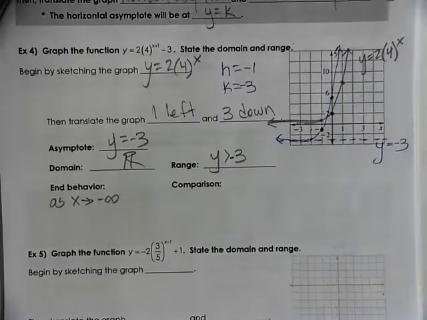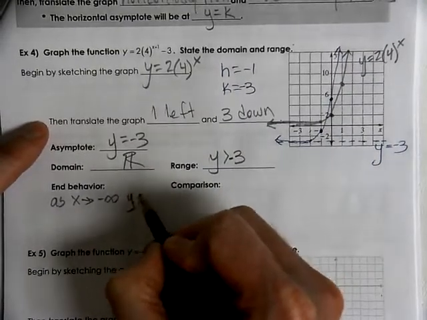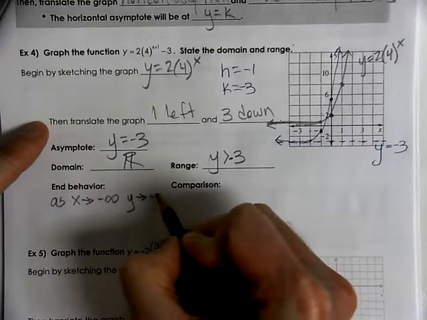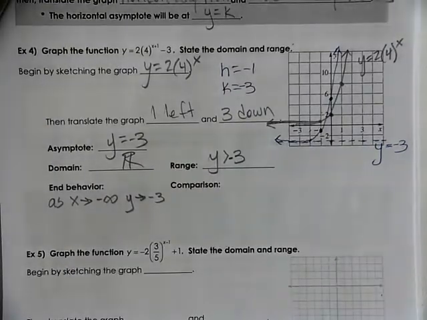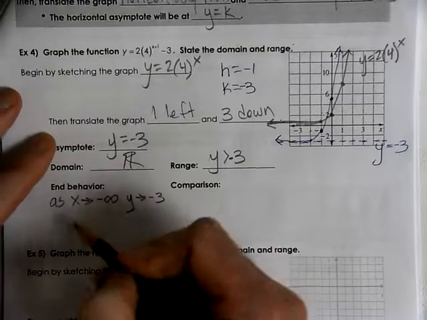We always start end behavior out as x approaches negative infinity. And we notice that this is approaching -3. It's going down. It actually goes down forever, but it never will reach -3.